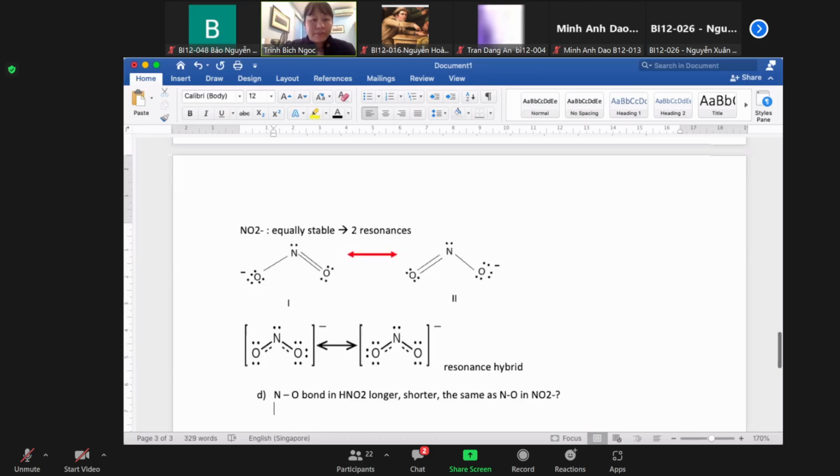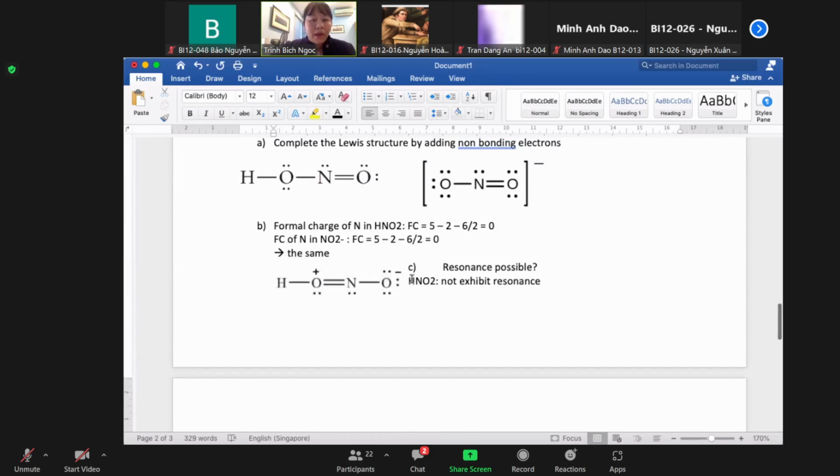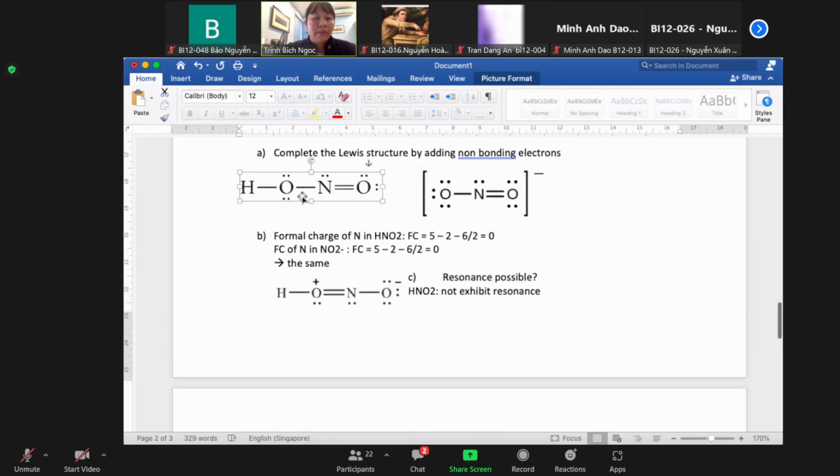We have the NO2, HNO2 here. We have the structure like this. This doesn't exist, okay? Because it is not stable. Only one. So here, HNO2 here, we have two types of bond.